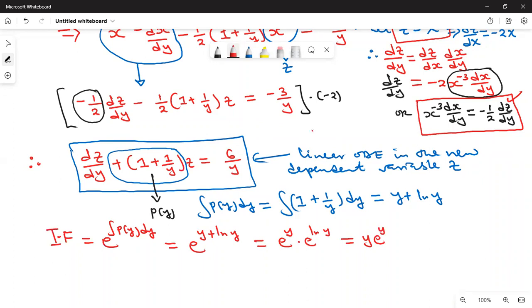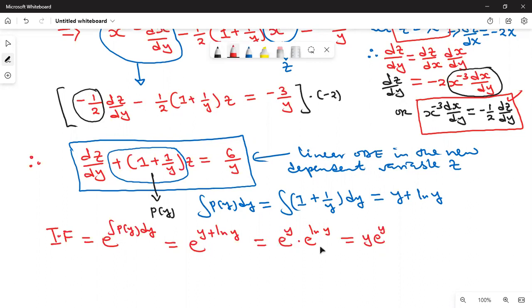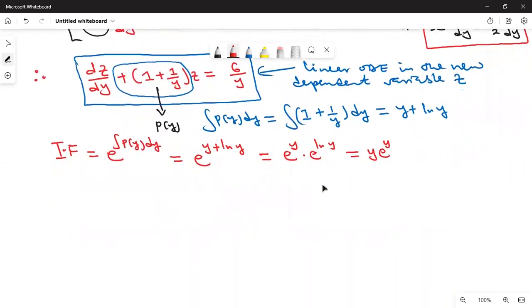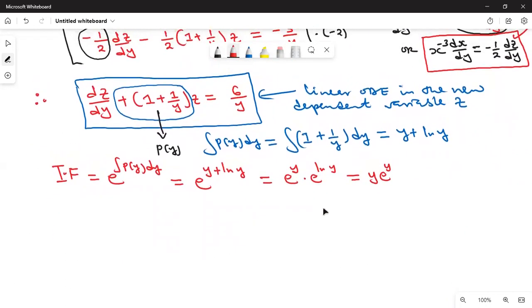Now, let's multiply the whole of this equation by the integrating factor. So let's call it equation star. Then you write multiply star by the integrating factor. So what do we get?